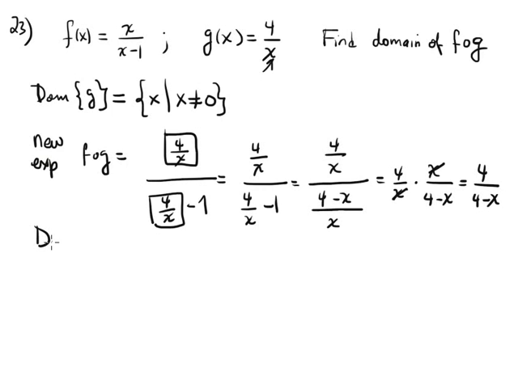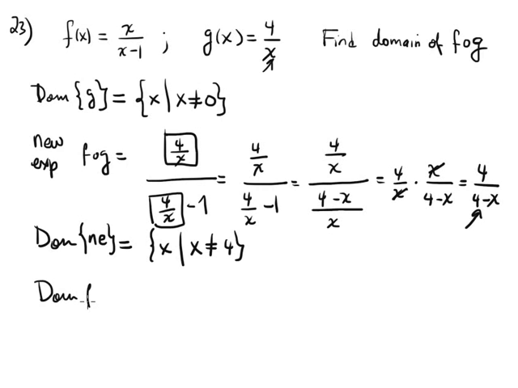So domain of the new expression is equal all real numbers such that x must be different to 4. Look at this denominator. And domain of the composition F composition G is equal x such that x must be different to 0 and must be different to 4.